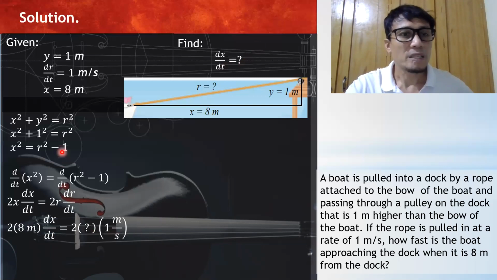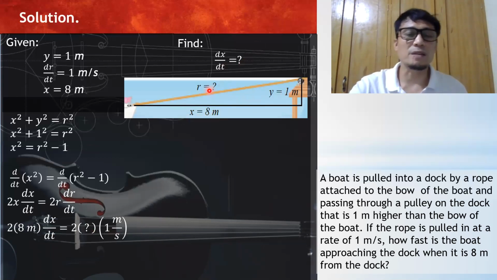Well, take note that you have a right triangle and your x is given to be 8 meters. Your y is equal to 1 meter. So using the Pythagorean theorem, we can easily find the r. So from this expression, we find the value of r.